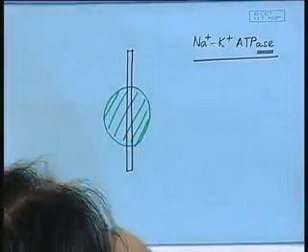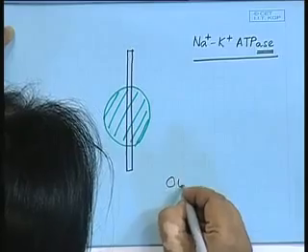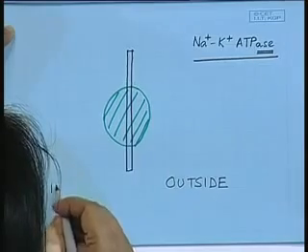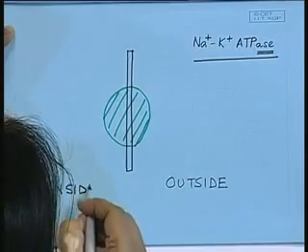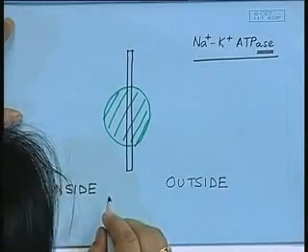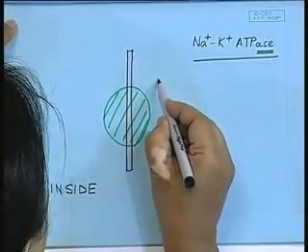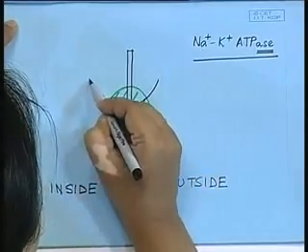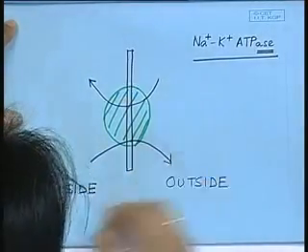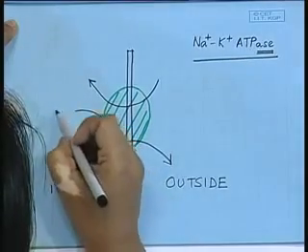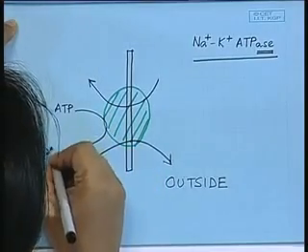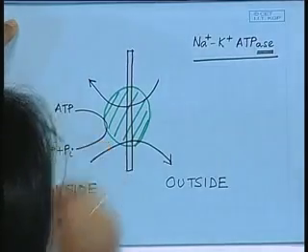If this is the outside and this is the inside, there is a certain gated channel here, and we have ATP hydrolysis because this has to be driven. It is an ATPase pump. So, we have ADP. We will be studying all this when we do bioenergetics in more detail.